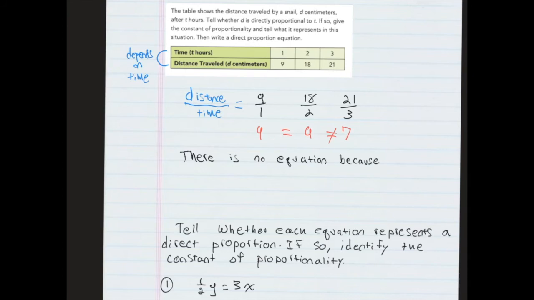And we can say that because the time does not vary directly with the distance traveled.